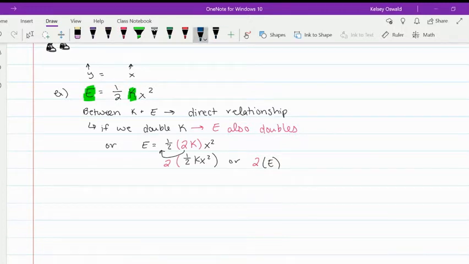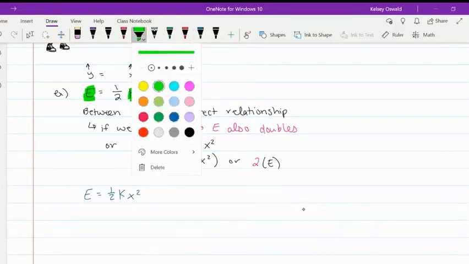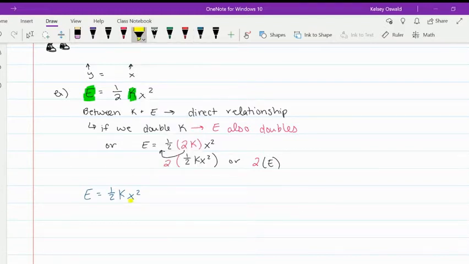So let's say we go ahead and look at that expression again. Again, we have e is equal to 1/2 kx squared. But this time, we're going to focus on our relationship between our x and our e. Okay? So we can see here in this example, we have the exponent attached to our x variable. So that tells us between e and x, we are going to have a direct square relationship.